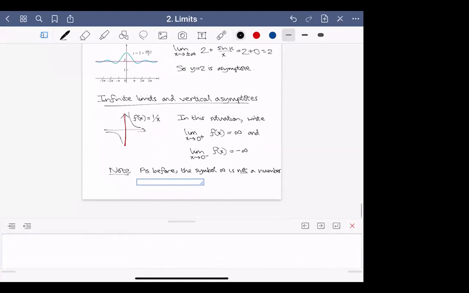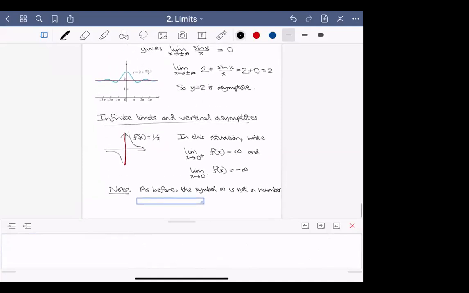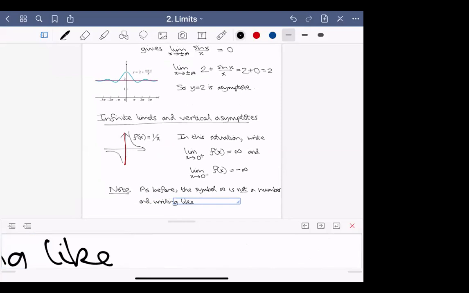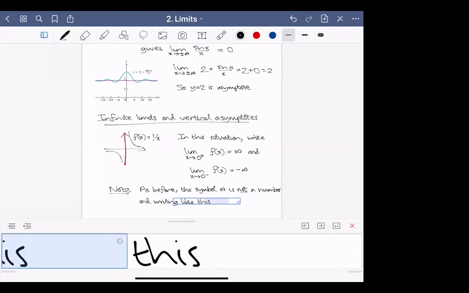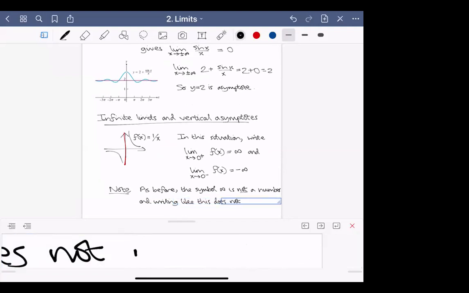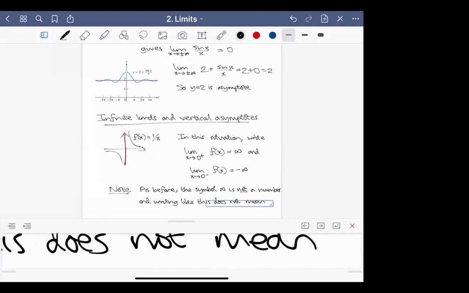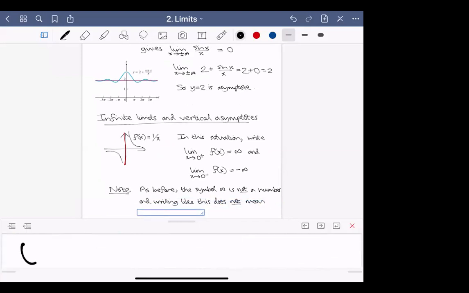But in this case, there's something even a little bit stranger. That writing like this does not mean that the limit exists.